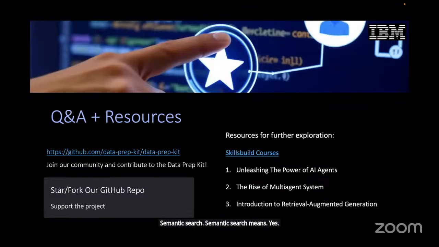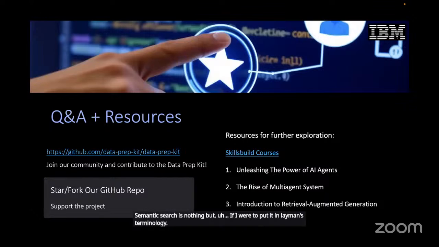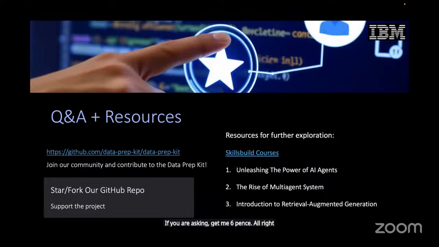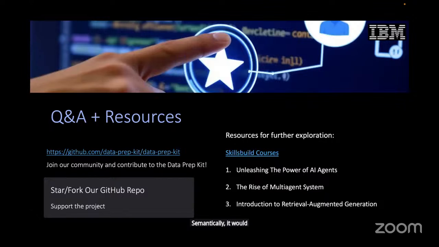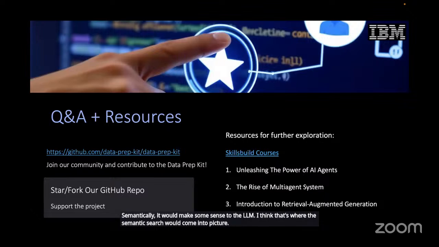Yes. Semantic search is nothing but, if I were to put it in layman's terminology, if you are asking, get me 6 pens, all right? 6 is a number, pens is an object, all of that broken down into a form where it would make semantic sense to the LLM. I think that's where the semantic search would come into the picture.